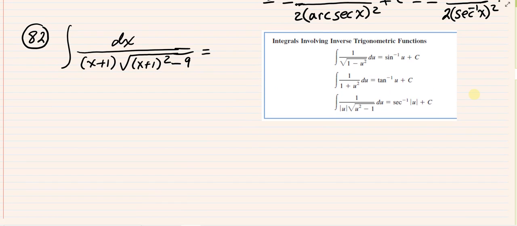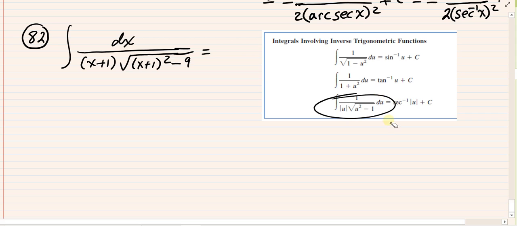In exercise number 82, I actually brought in the formula for integrals involving inverse trig functions here, and looking at what we have on the left and looking at the 3 integrals to the right, it should be clear that we're looking at this one, the last one on our list. True? So let's see how this is going to work out.